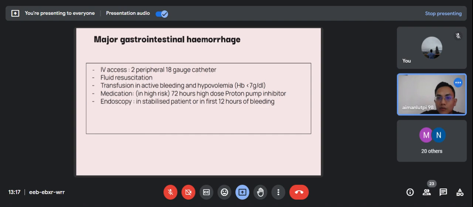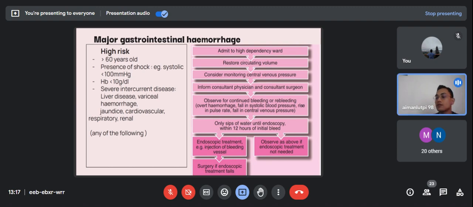So we can consider, we have to consider in high risk patient where we give high dose proton pump inhibitor, for example, esomeprazole in 72 hours. And then we do endoscopy in stabilized patient in first 12 hours of bleeding. So next.